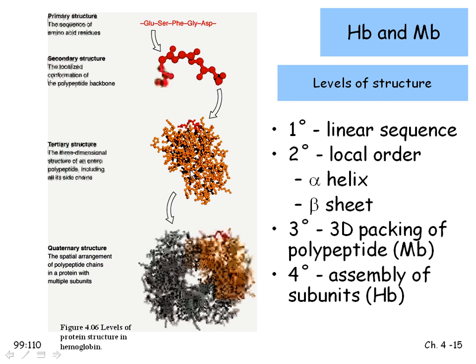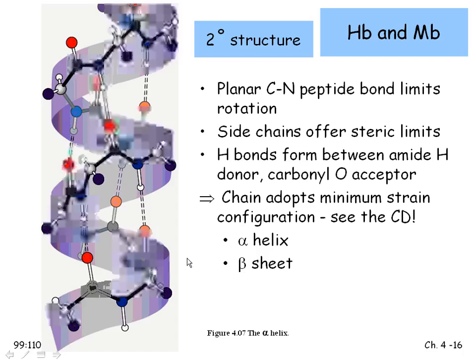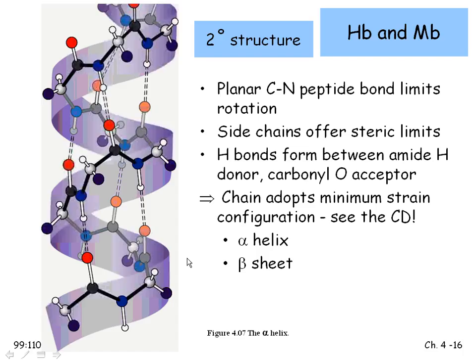Okay, so let's look at a couple of examples of secondary structure. There are two that are especially important: the alpha helix and the beta sheet. Both alpha helix and beta sheet are going to be the result of hydrogen bonds that form between the carbonyl oxygen and the amide nitrogen.